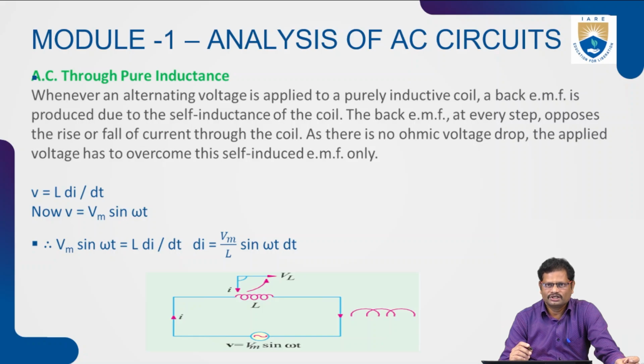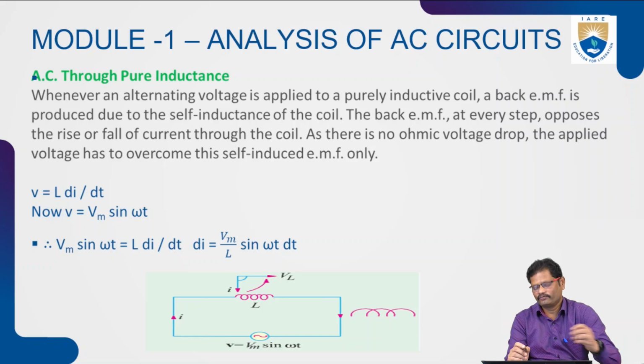So at every step the back EMF opposes the rise or fall of current through the coil. As there is no ohmic voltage drop, the applied voltage has to overcome the self-induced EMF only. So it has to supply the self-induced EMF only.